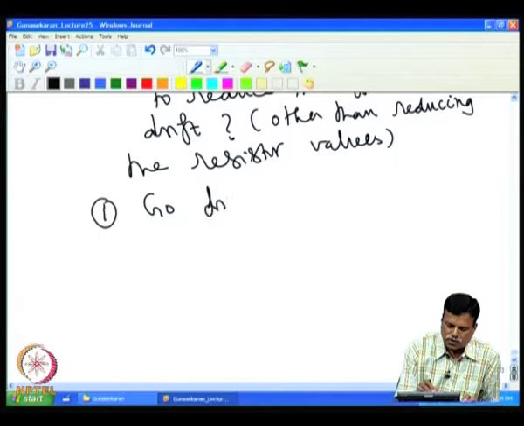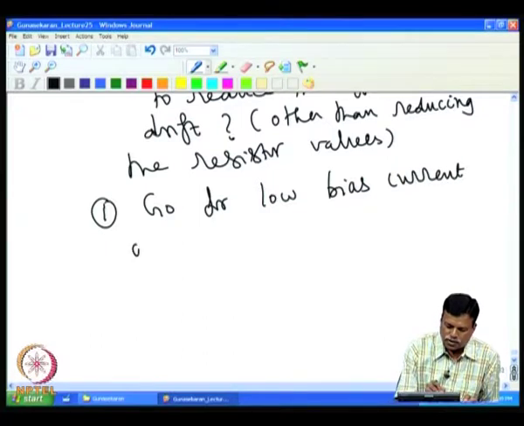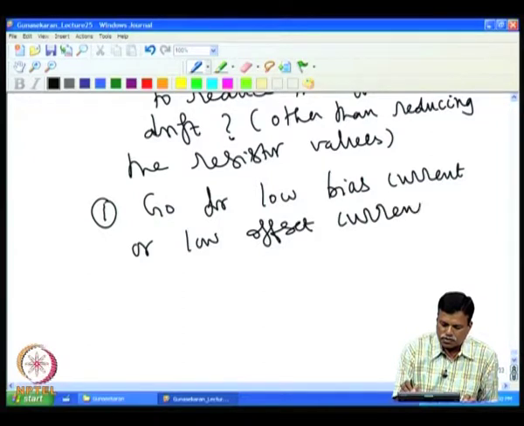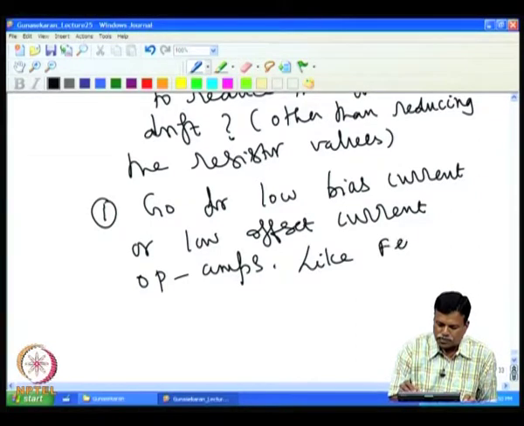Actually, the only choice that you have is to go for low bias current or low offset current op amps, like FET input op amps.